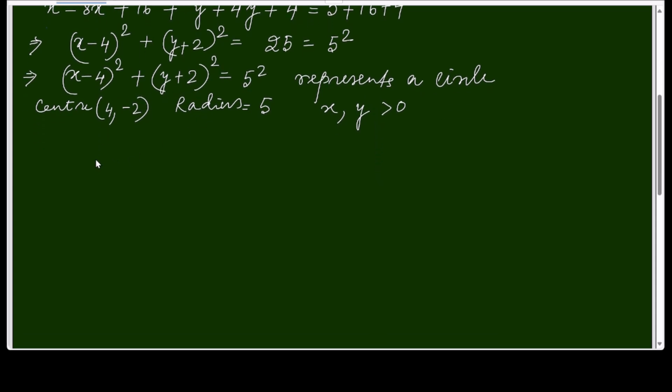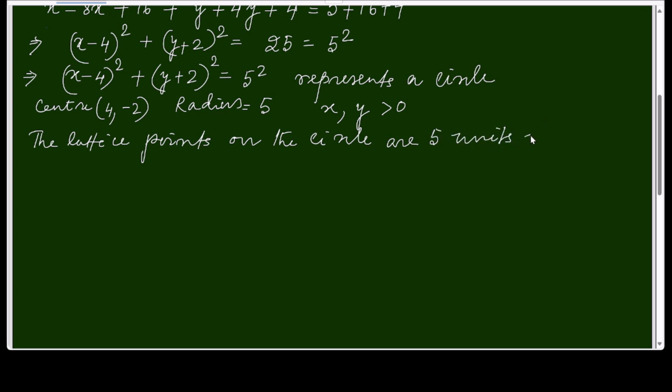So when 5 is the radius, the points, or what we call the lattice points, satisfying the circle or on the circle are 5 units up and down, or left or right from the center.